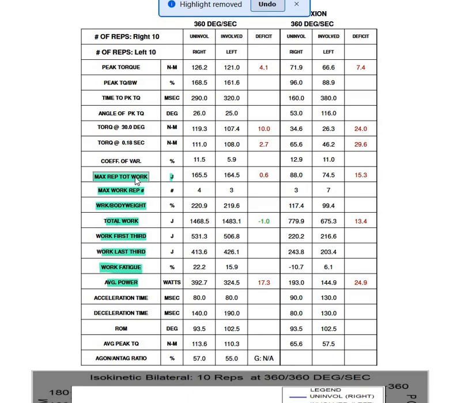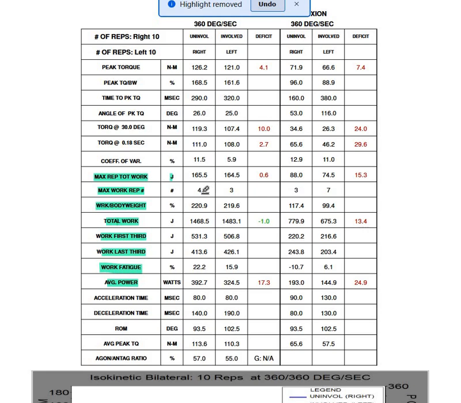Okay, so let's start with these first two, max repetition total work and max work repetition. So if we start with max work repetition, this tells us the repetition at which the maximum work that was done was achieved. So for this report we see that it's repetition 4.